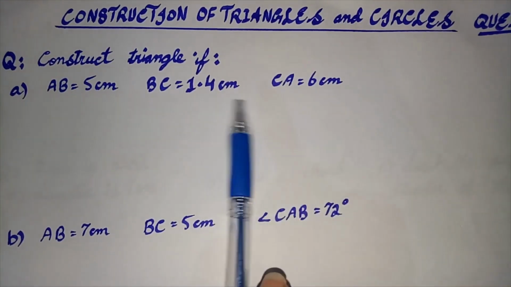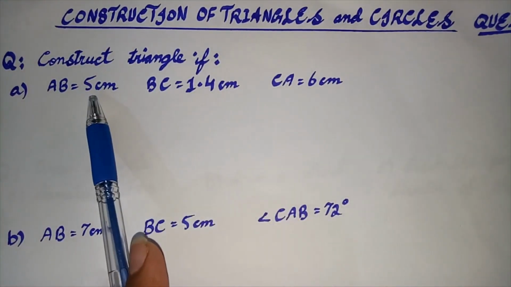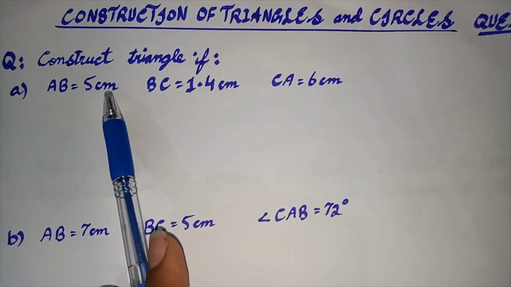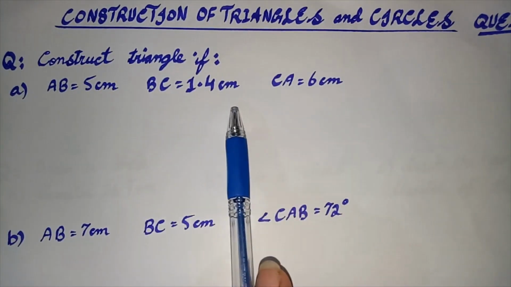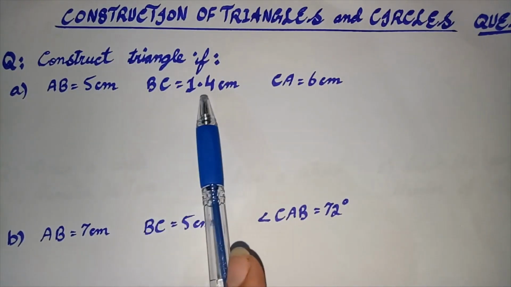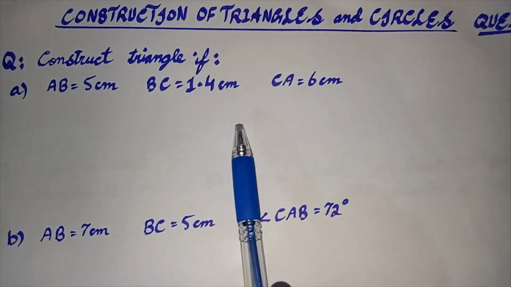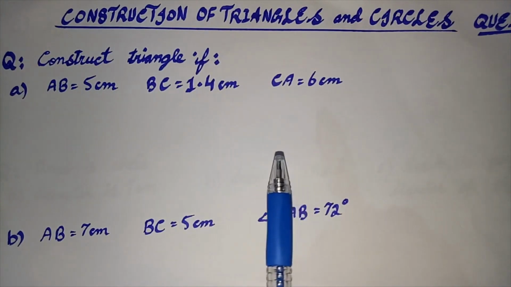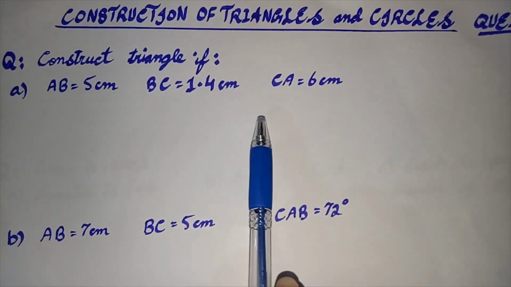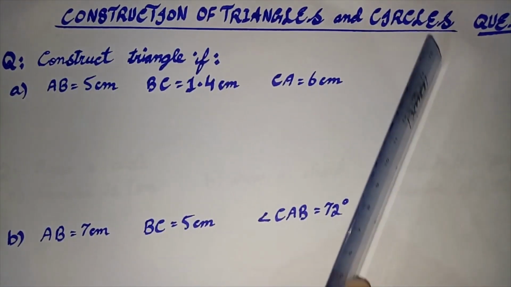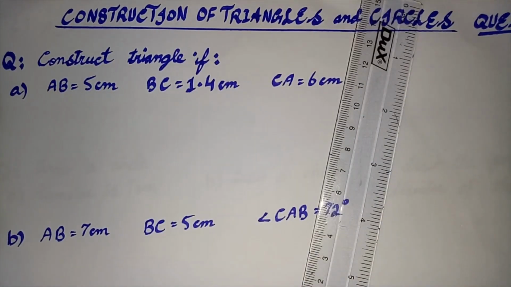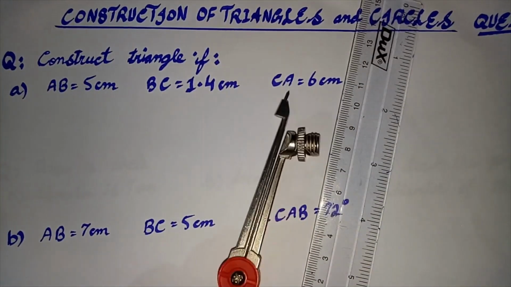Here you can see that they are in centimeters. It means that the lengths of the sides are given to us, and we have to construct a triangle with the help of the given sides. For this, we will use a ruler and a pair of compasses.